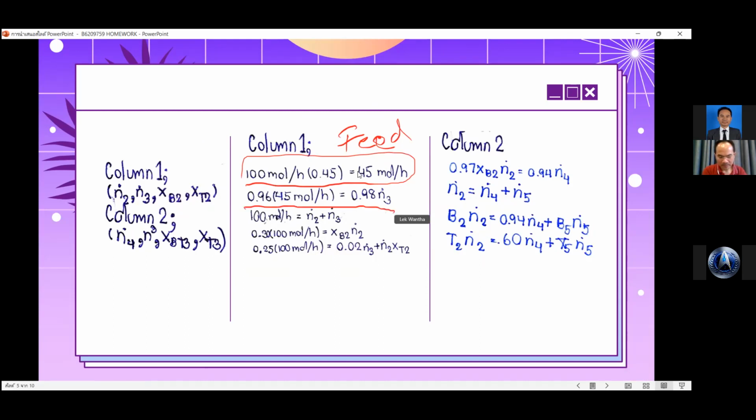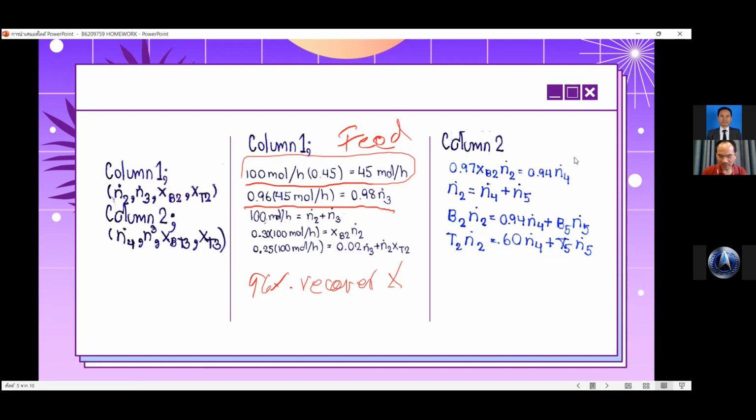Yes, it's the residue, being 0.96. It's 96% recovery. Yeah. Saline. That means this is the amount of saline in the top product of the first column.